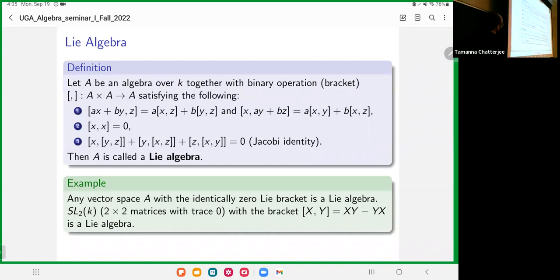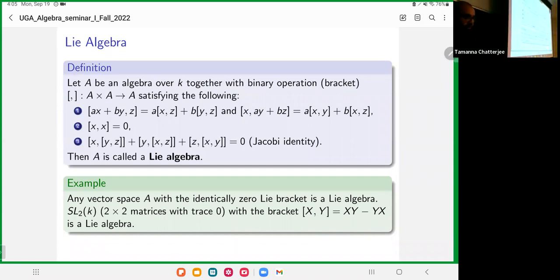With the second condition, we want, for any x, the bracket of x, x to be 0, and the last condition is the Jacobi identity. So if a bracket satisfies these three conditions, then we call it a Lie algebra with the bracket.